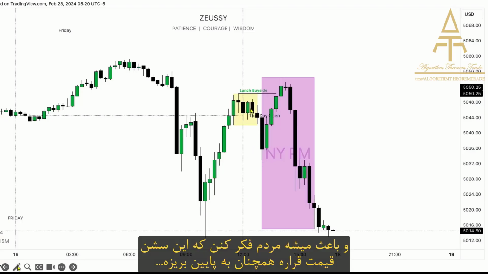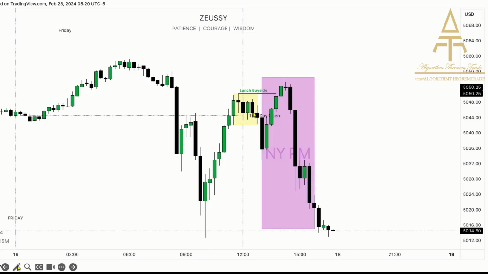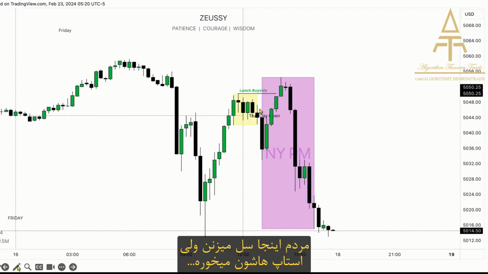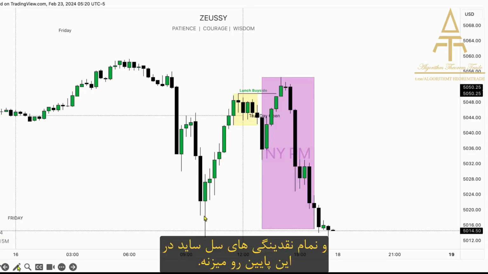This repricing lower traps people into believing that PM is going to continue lower after the AM session expanded lower. People go short here. What occurs is that the market runs on those stops, on those buy stops, trading above the lunch buy side liquidity, then begins to roll over, targeting sell side liquidity below all of the lows inside this leg higher.